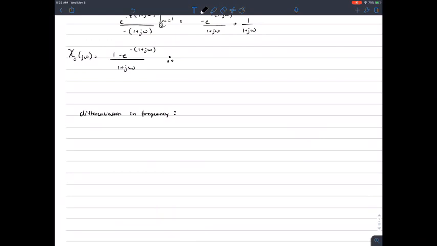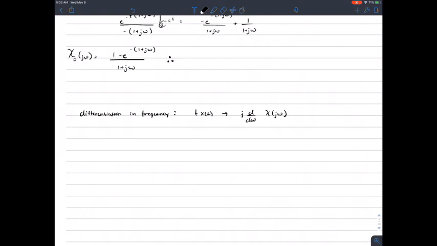Okay, so in the time domain, if you have t times x of t, it transfers to the frequency domain as j d d omega of x of j omega.